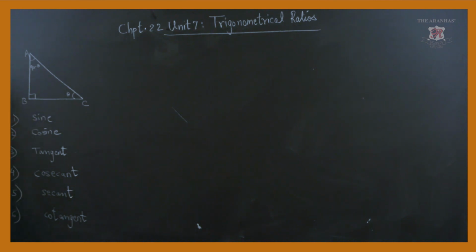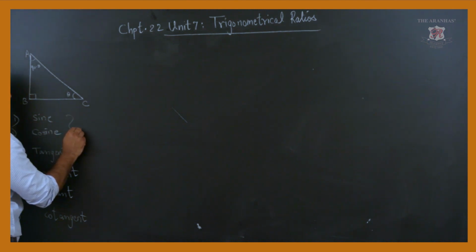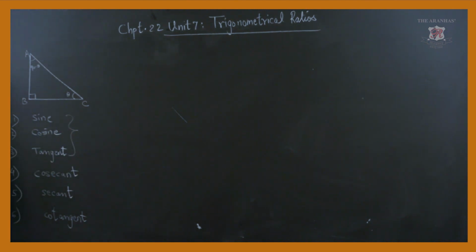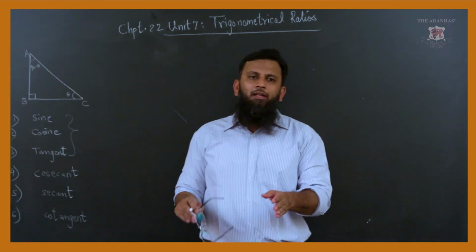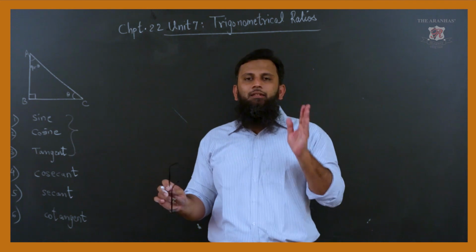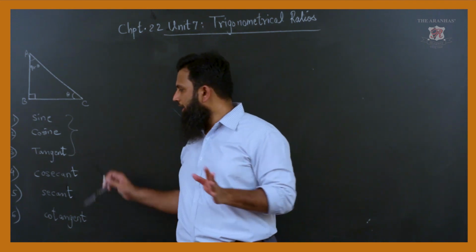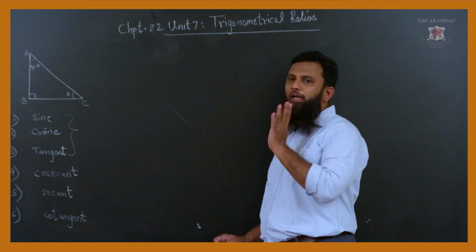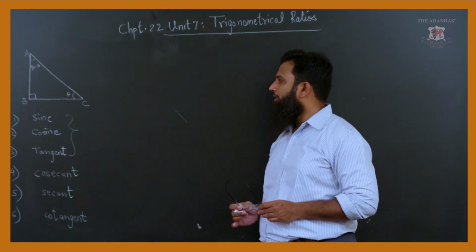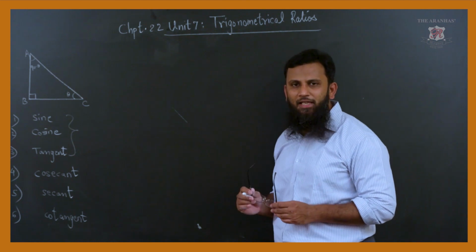These are the 6 trigonometrical ratios. Out of these, if anyone knows the first 3 thoroughly, then for the remaining 3, let it be any relation in higher classes also, related to the remaining 4, 5 and 6, you can easily derive any expression. Now how to remember the first 3?